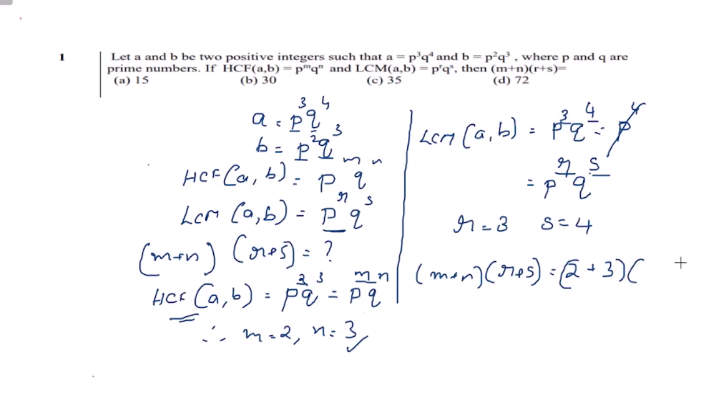The value of r is 3, plus s is 4. Now we have to multiply. 2 plus 3 is 5, into 4 plus 3 is 7. 7 fives are 35. So the answer is 35. That is option C.